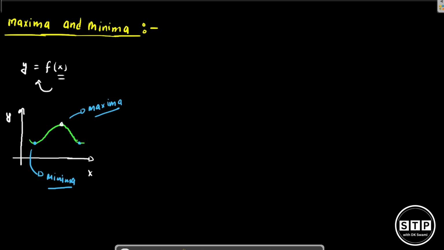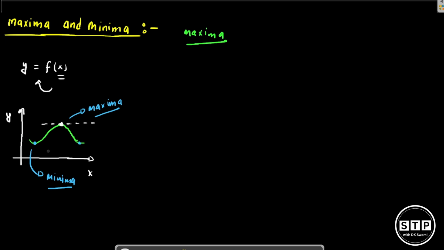Let's first understand how to define a maxima mathematically. If you look at the graph of this function, at the point of maxima the slope of the tangent is 0. If I take the tangent at this point, the slope of the tangent is 0.